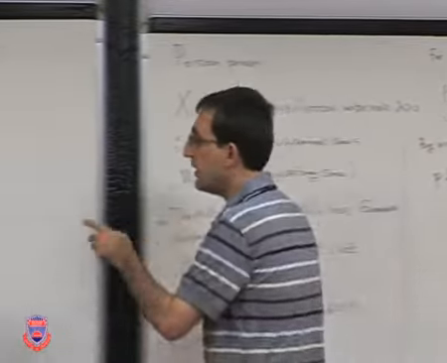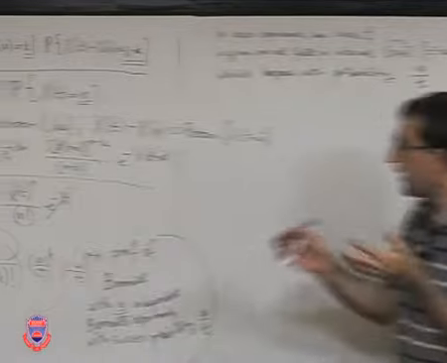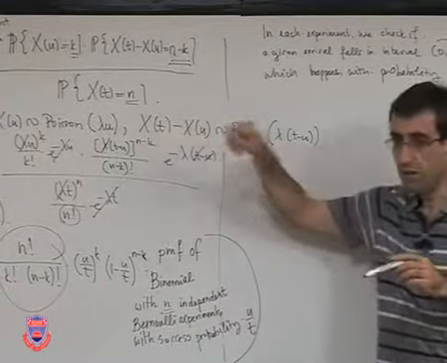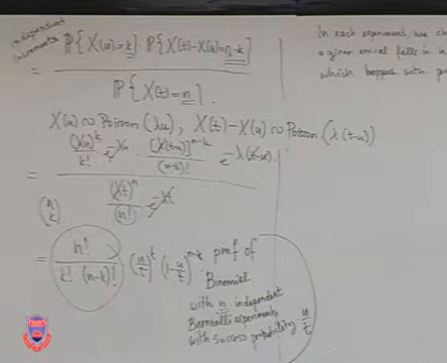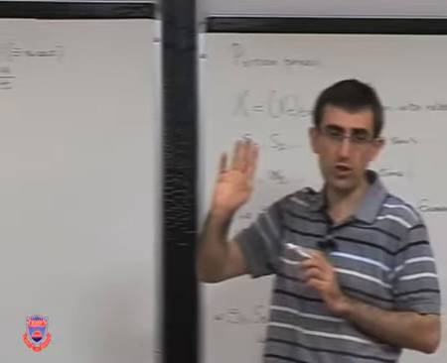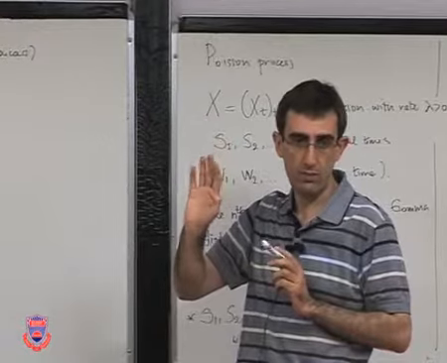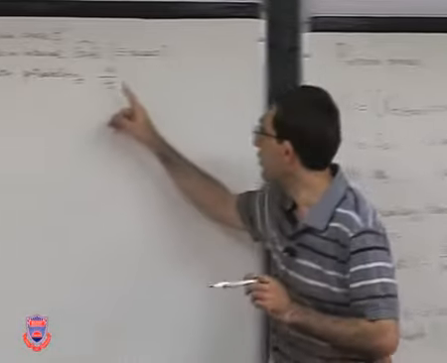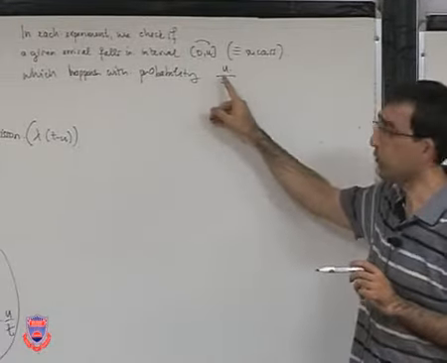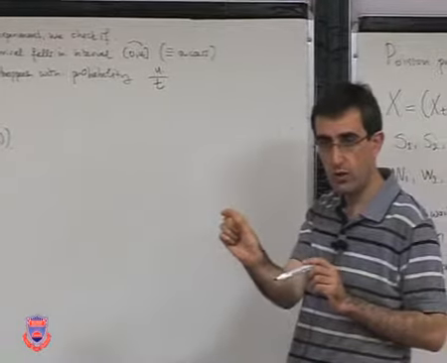And this result just tells us that, in a sense, conditioned on the number of arrivals, the arrival time has not only exponential distribution, but a uniform distribution. It is uniform because the probability is proportional to the length of the interval.